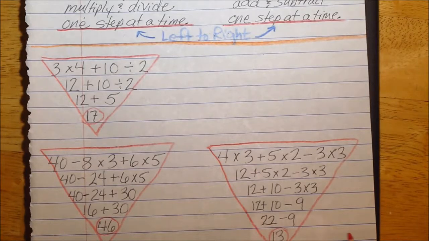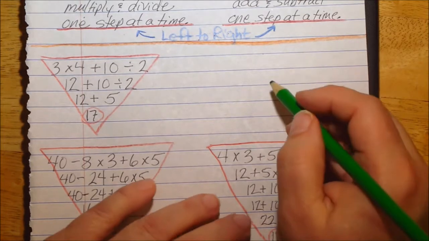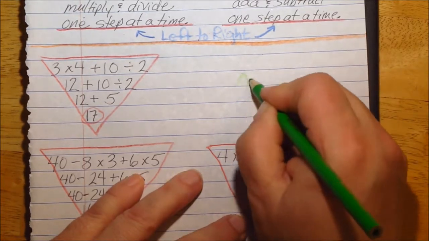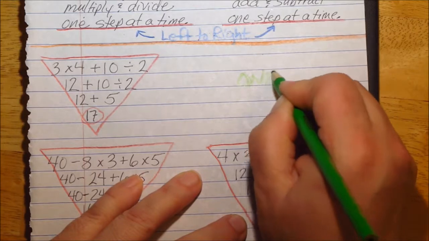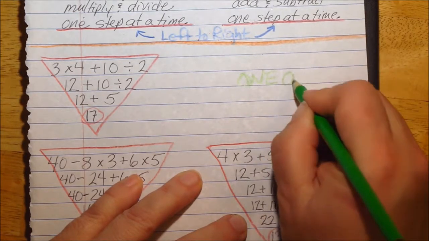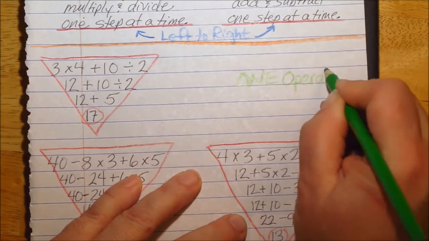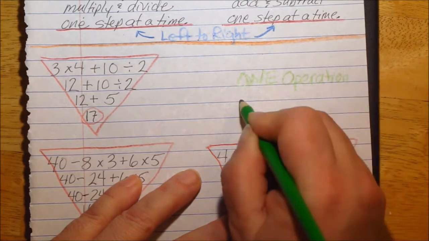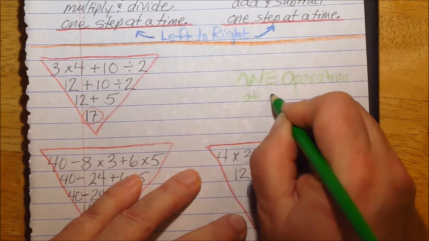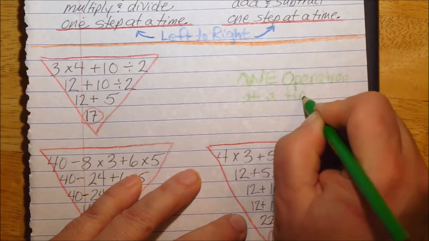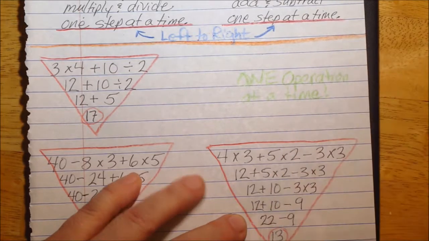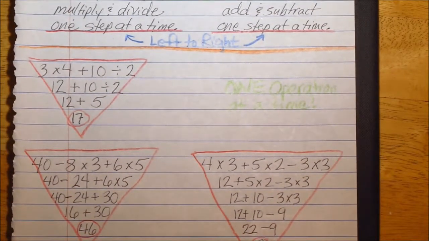Okay, so let's make a couple of notes right in here about what we did, so later we'll remember. With my green, I'm going to write in capital letters: 1 operation at a time. 1 operation at a time is an absolute must.